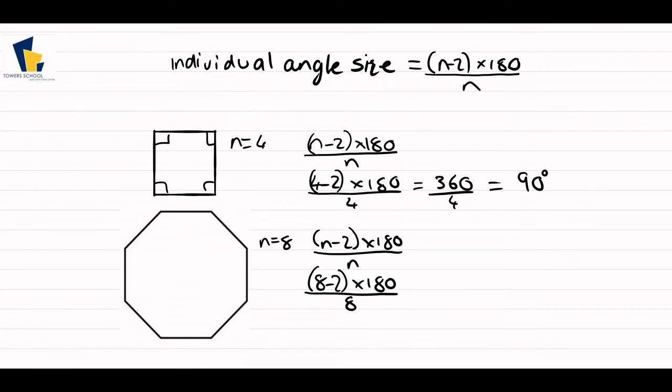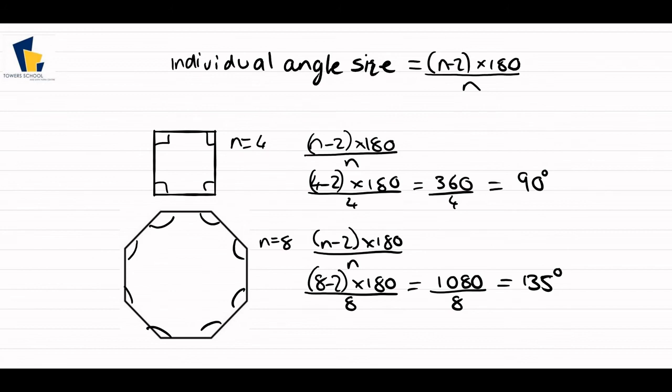We know that 8 minus 2 times 180 will give us 1080. I'm going to divide it by 8, which will give me 135 degrees. So each one of these in the regular octagon, so they're all the same, is going to be 135 degrees. Make sure you've got all this copied down, please.